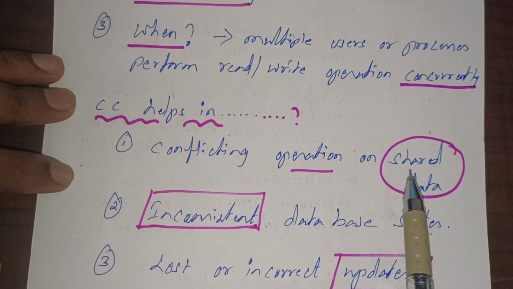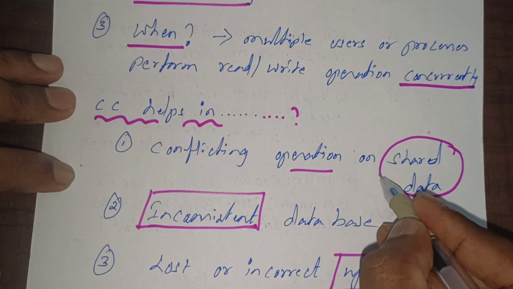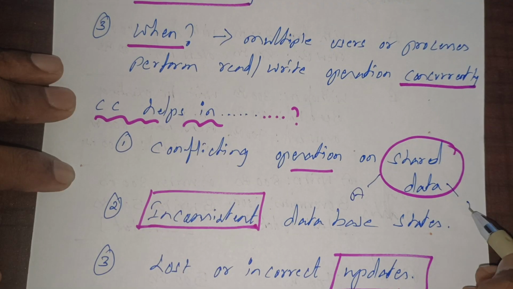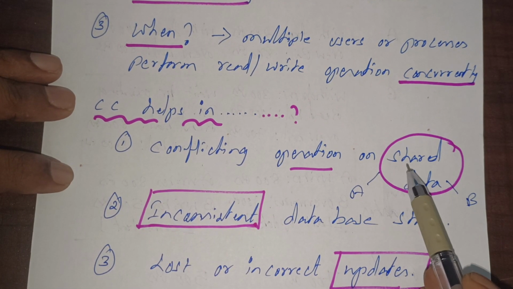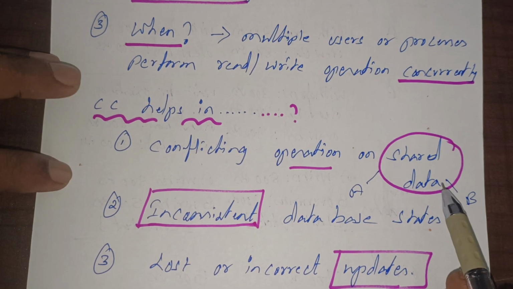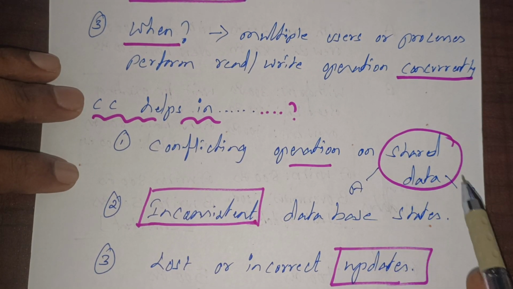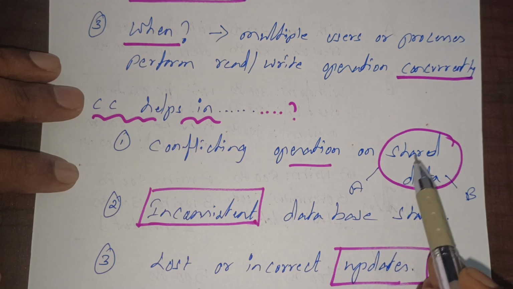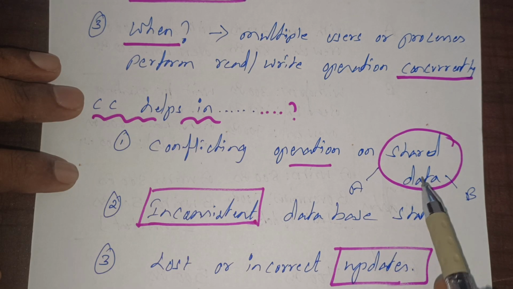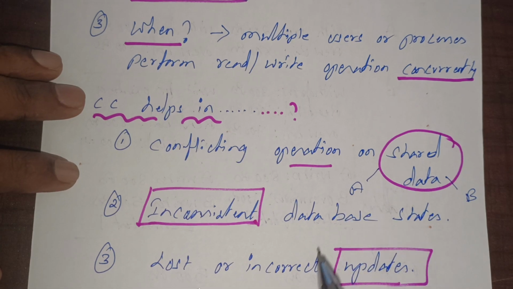If the update is inconsistent, where the database is shared between, for example, A and B. A is reading shared data and updating it. B is reading shared data and updating it. When A completes and then B reads, there is no conflict. If A and B read the shared data at the same time, there is a conflict. We are going to see this with one case study as well.